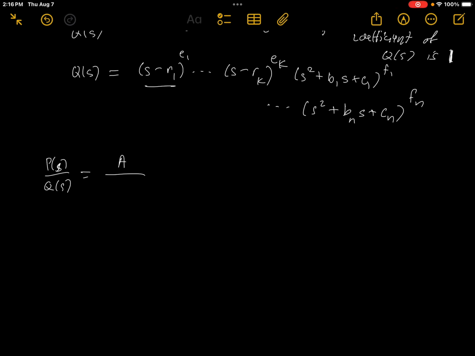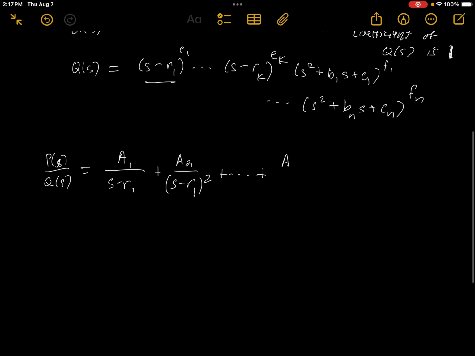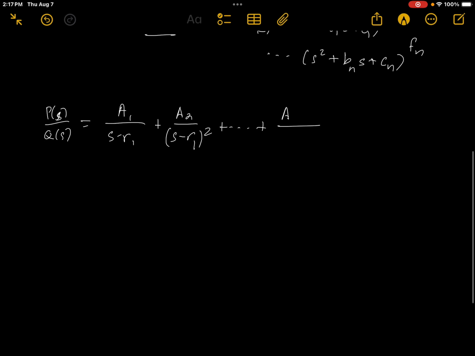For this S minus R1 to the E1 term, you get a term that's A over S minus R1, so A is a constant, so let's call this A1, plus A2 over S minus R1 squared, all the way to S minus R1 to the E1.